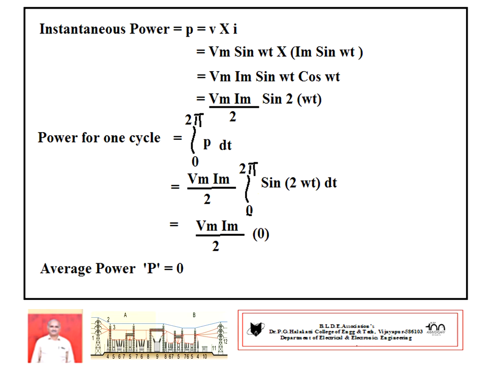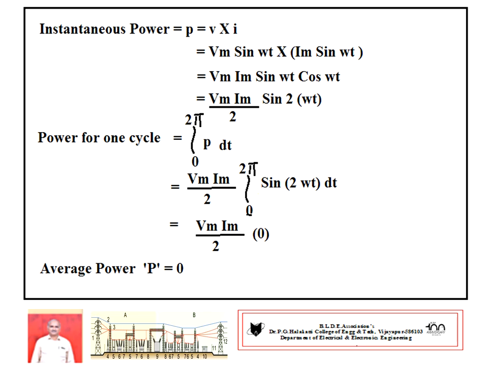For power per one cycle, we have to integrate the instantaneous power over one cycle. One cycle may be considered from 0 to 2 pi. So Vm Im by 2 is a constant, and we integrate sin 2 omega t with respect to t. The integration of sin 2 omega t over one cycle is 0.